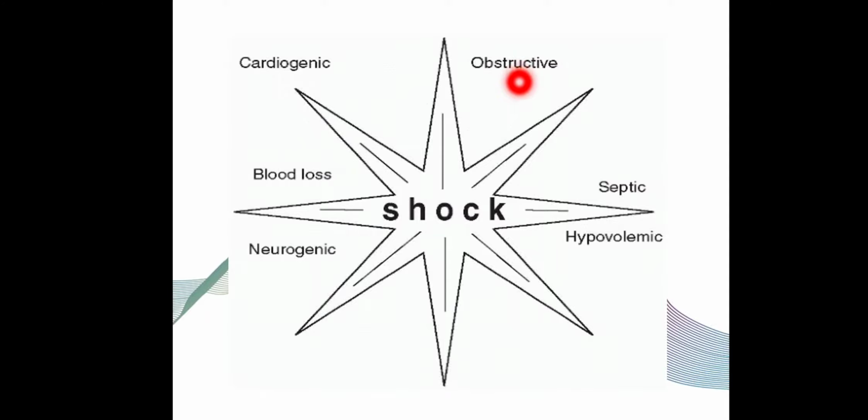Obstructive shock can also be classified in these types, but that is basically the same thing, whenever there is obstruction and due to that tissue is not receiving blood supply, that is obstructive. And blood loss, you can cover it into the hypovolemic shock also. So in short, there are 5 types of shock: hypovolemic, neurogenic, septic, cardiogenic, and the fifth one which is not mentioned here is the anaphylactic shock. So we'll see shock individually, one by one.